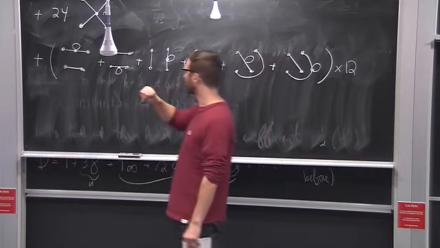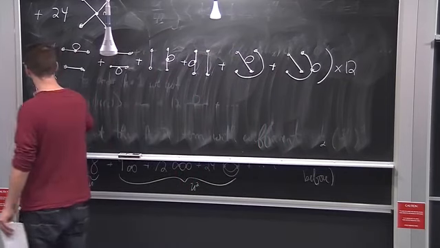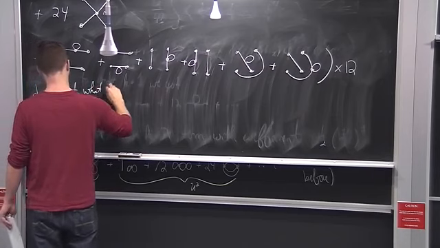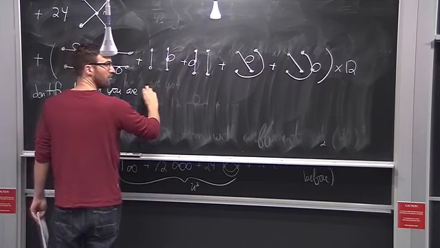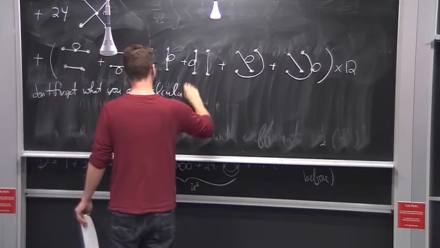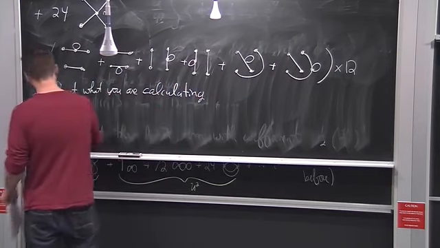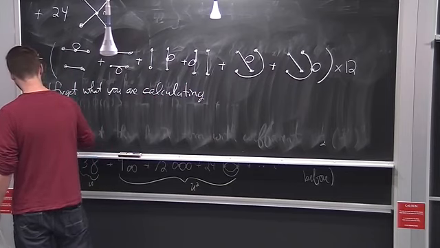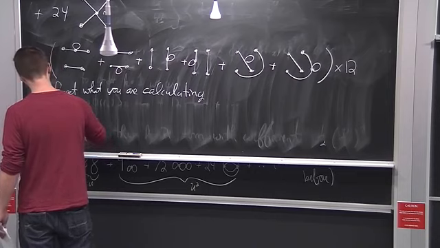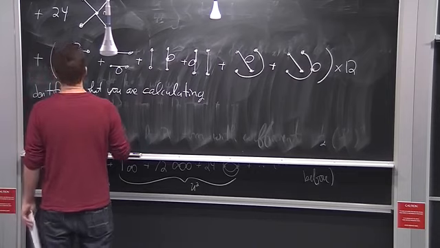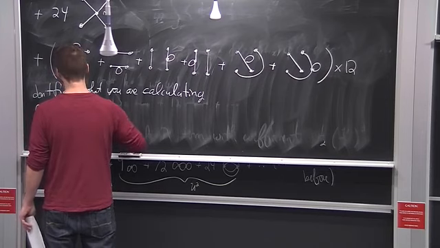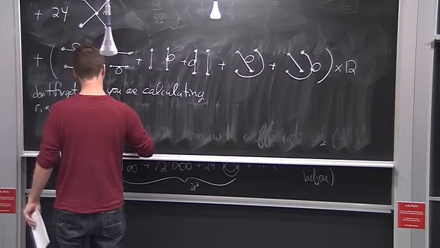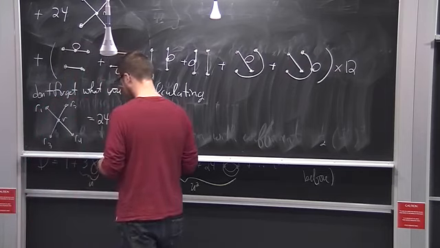Writing this out, getting these factors straight, and then don't forget what you're calculating. Each one of these things, R1, R2, R3, R4, R corresponds to 24, should be minus u over 4 factorial, right?